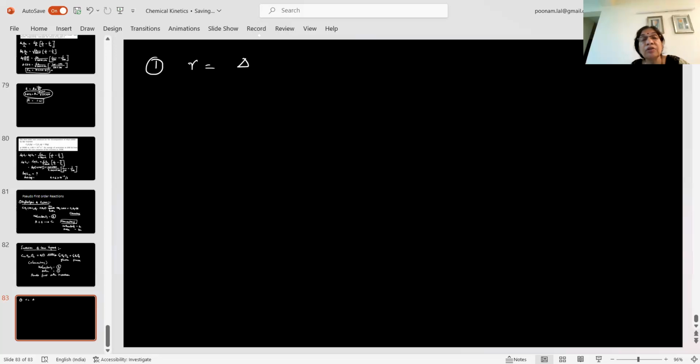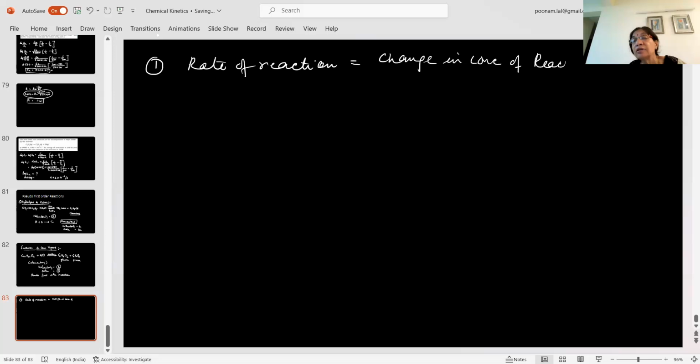Rate of reaction is equal to change in concentration of reactant or product divided by change in time.